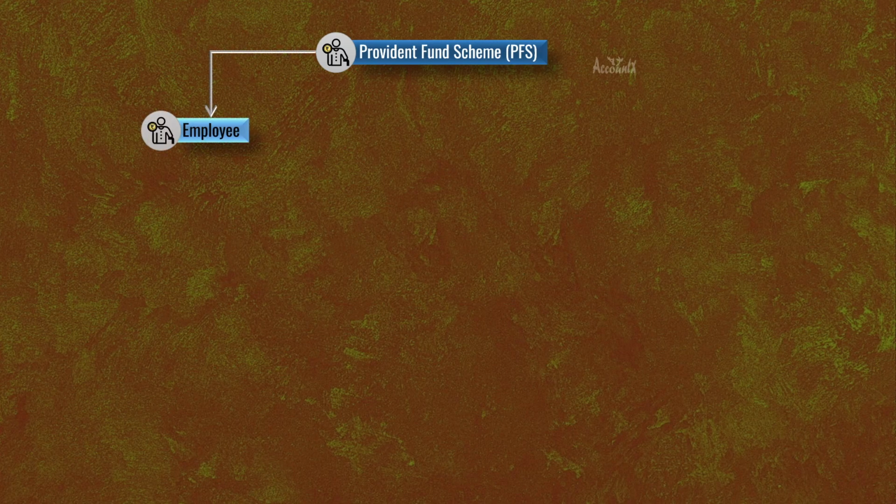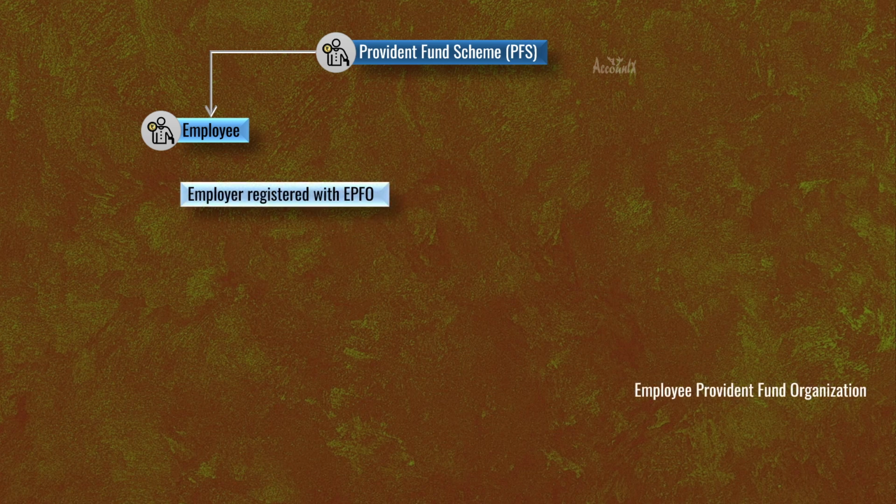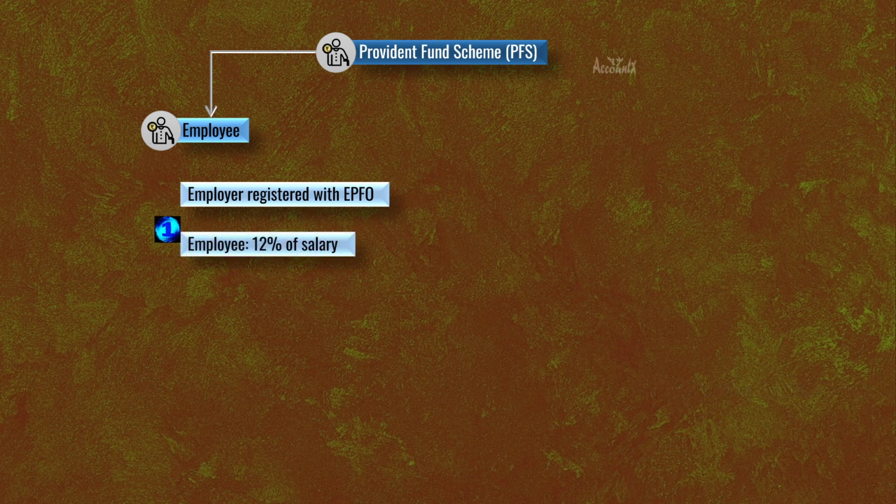Here we have employee PFS and private PFS. First, let's talk about employee PFS. Here the employer is registered with the EPFO. If you join such an organization, then 12% of your salary would be your PF contribution. You would be able to avail deduction of it under section 80C if you have chosen the old tax regime.